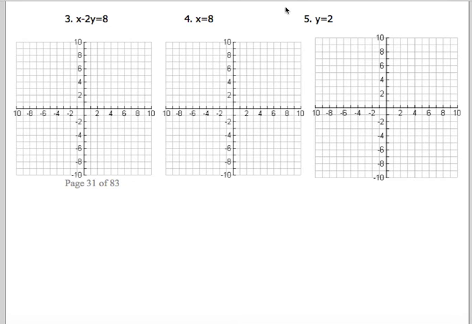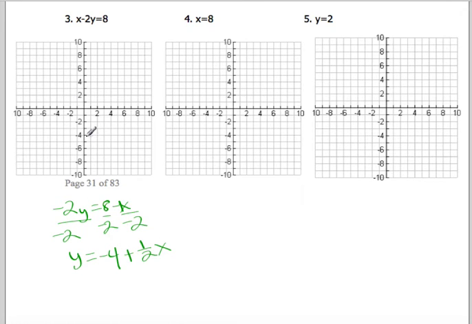Here are the other 3. So on this first one here, we need to solve for y again. So I'm going to do that down here. I'm going to start by subtracting x to move the x over. That'll leave me with -2y equals 8 minus x. Divide everywhere by -2. That'll give me y equals -4, and negative x over -2 will be +1/2 x, because you can think of the x as having a 1 in front of it if you'd like.